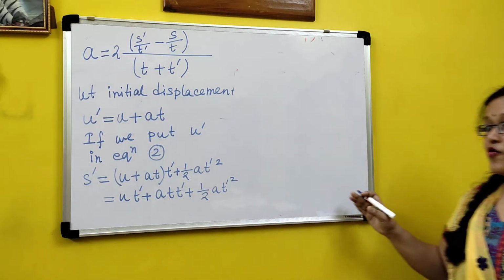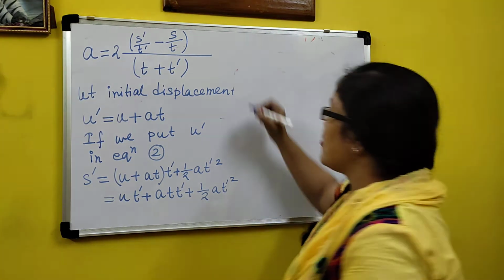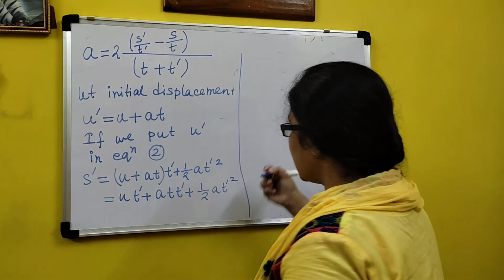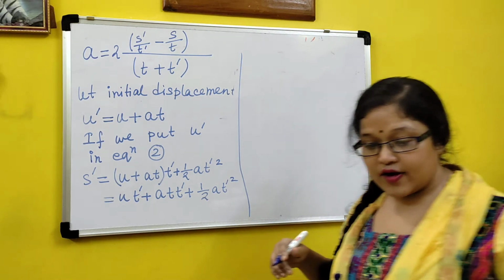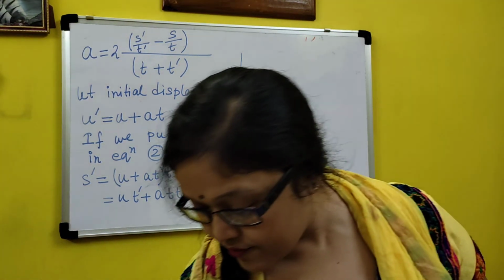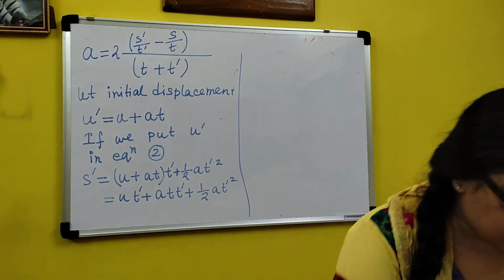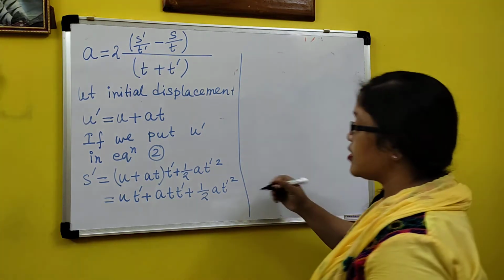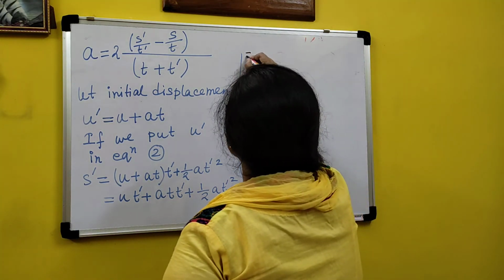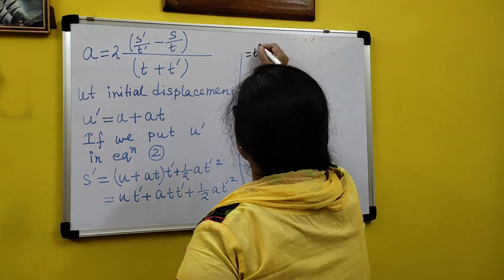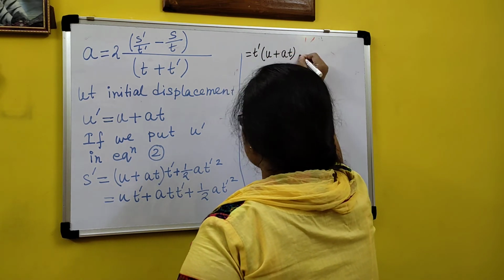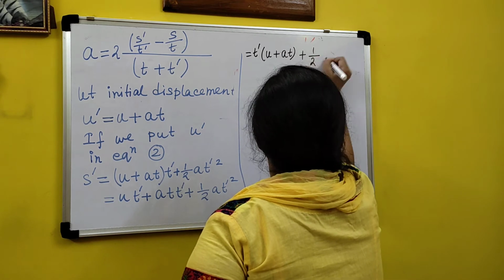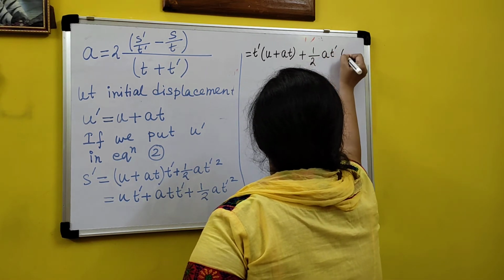Now if I am taking t prime common from every section, what I am getting? So I will get, that is equal to t prime into u plus at plus half a t prime.